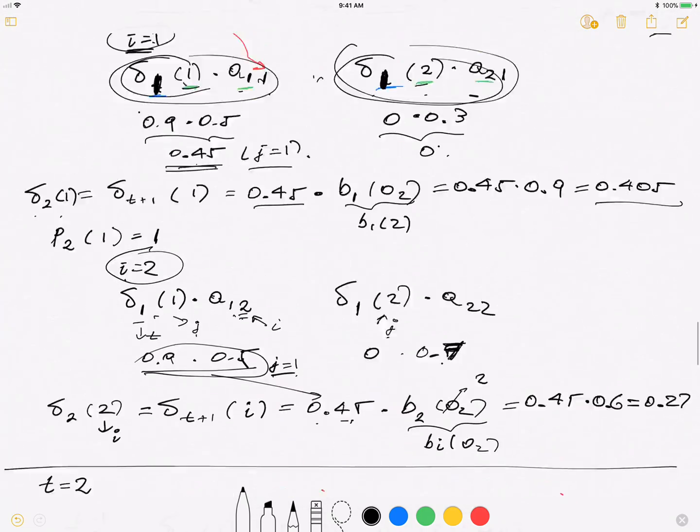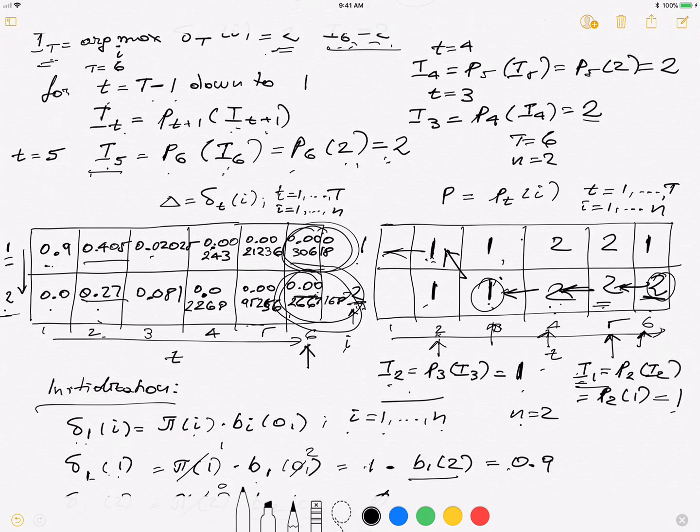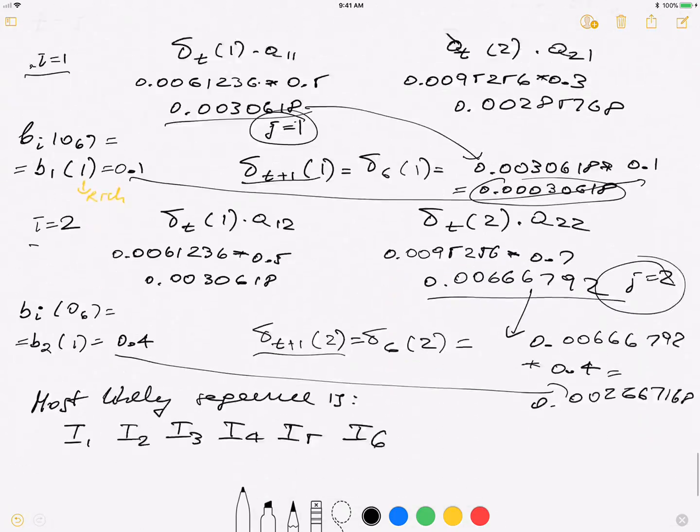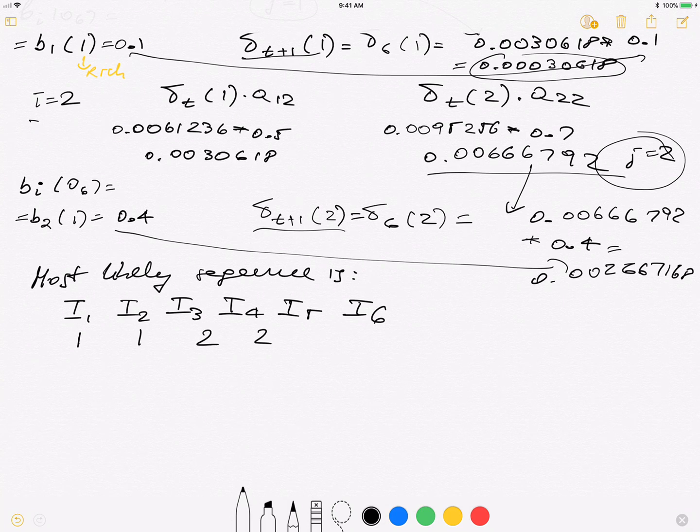And now I will read what they are: 1, 1, 2, 2, 2, 2. And now I can really answer how most likely this family traveled from Mexico to United States. In the first year and the second year, the family most likely was in Mexico, and then the last 4 years the family spent in the United States. This illustrated the Viterbi algorithm and also shown how it works.